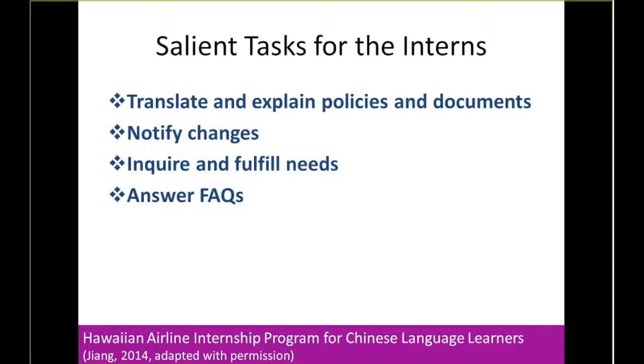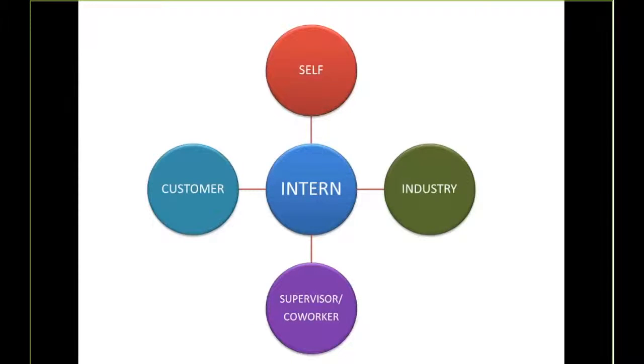But if you think deeper into the environment that students immerse themselves in, you can see students interact with multiple domains and multiple audiences. So first, with self, maybe now they're positioning themselves in this role, they may have a deeper understanding of the benefit of being bilingual and the benefit of themselves performing in this professional setting. They interact with customers.